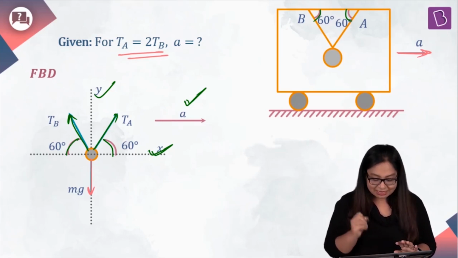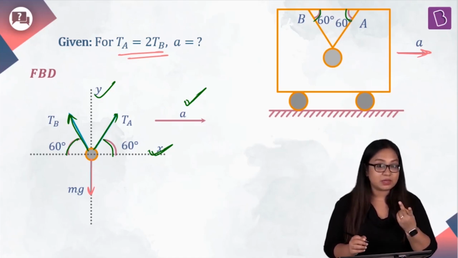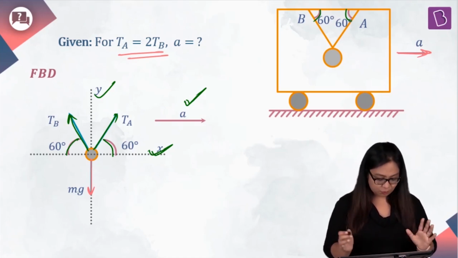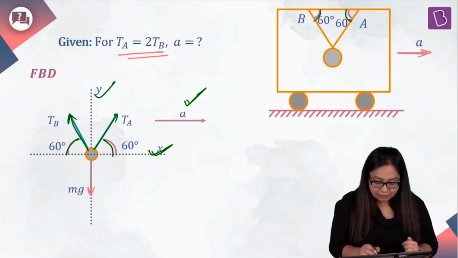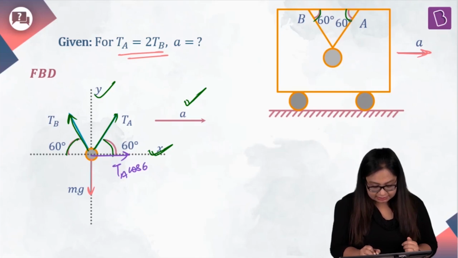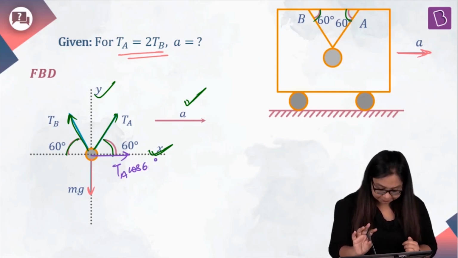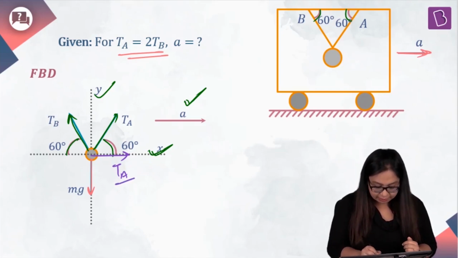All right. Now, here we have TA and TB making angles. So let's just take their components and then write two equations along two directions. We can work with that. TA's X component will be TA cos 60 degrees, right? Which is what? TA divided by 2, half TA. Let's write this over here, TA by 2.